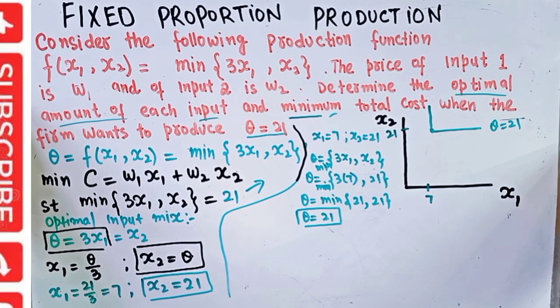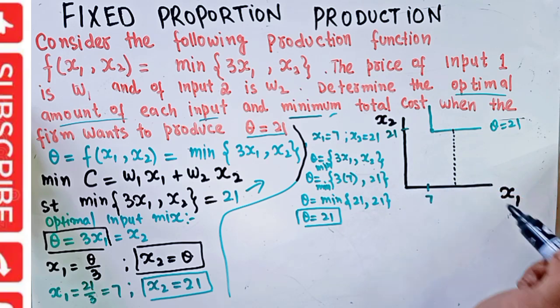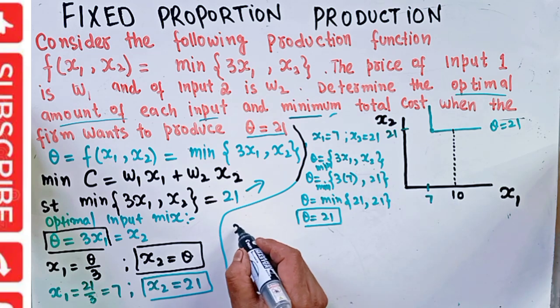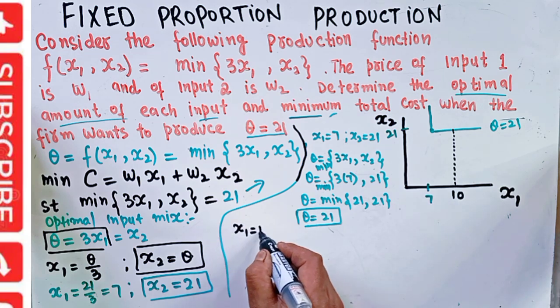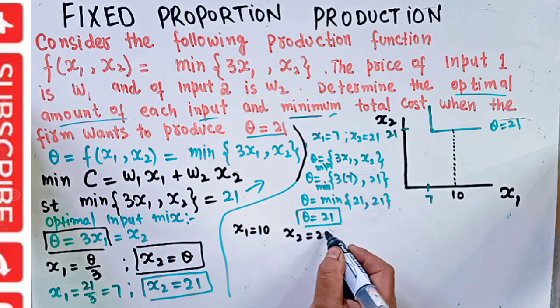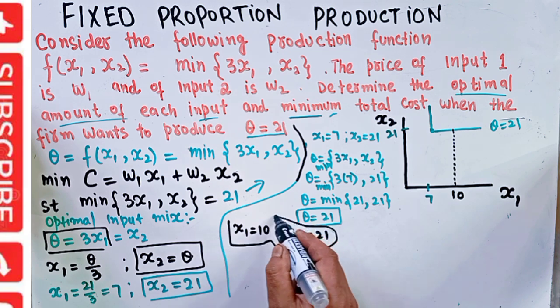Let us suppose we unilaterally increase units of x1 to, let us say, 10. Suppose x1 is equal to 10 and we fix x2 at 21. What will happen if we have these combinations other than the optimal?